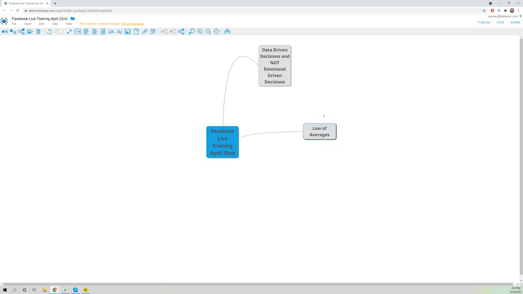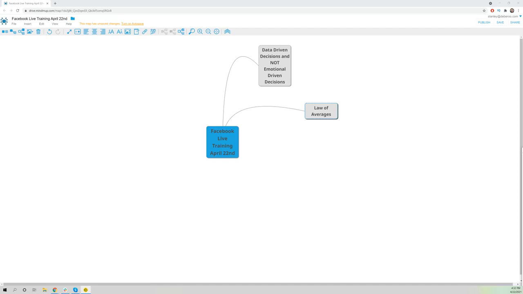We discussed it last week during the CPA rule for native. Basically, the law of averages means that there's always an average in everything. It tells us that at some point, the data keeps getting more stable.